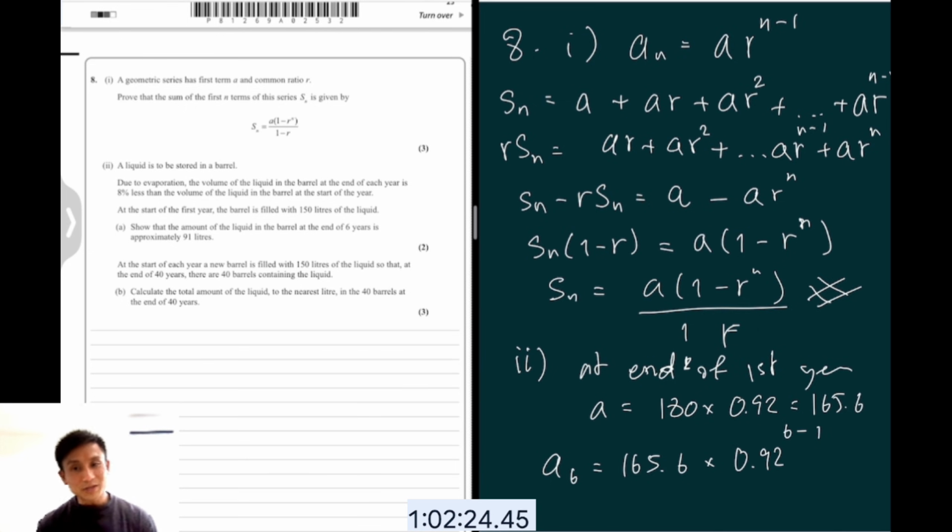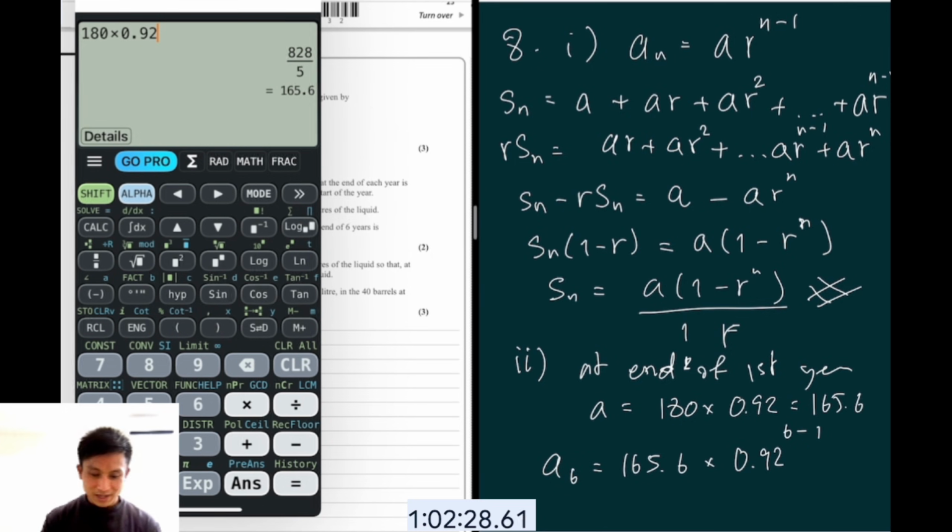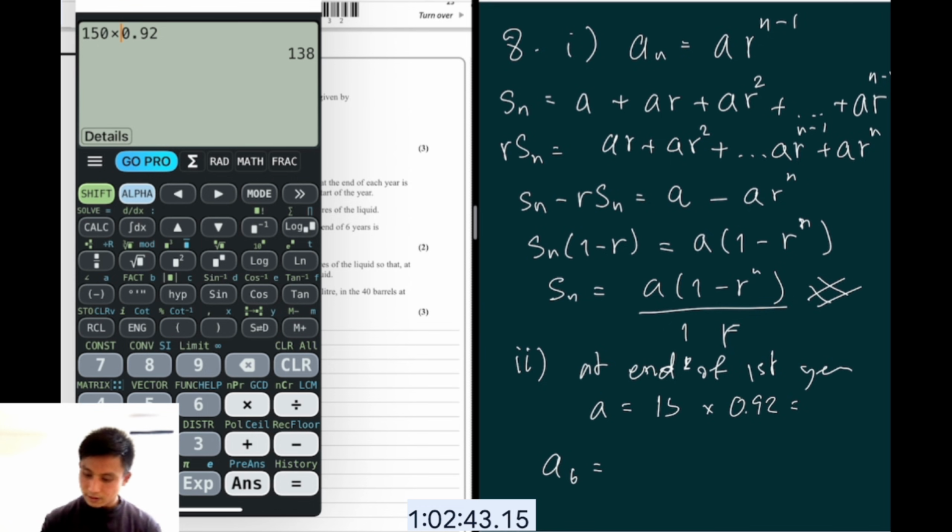So it's like the first term isn't actually 150. Ooh, I made a mistake. It's 150, not 180. Yep, 138. Oh, that makes it a lot nicer. 150. So this is 138. So 138 times 0.92 to the power of 6 minus 1, right?